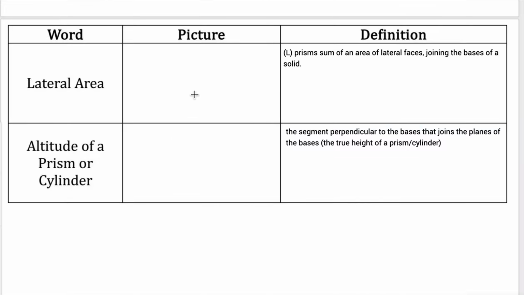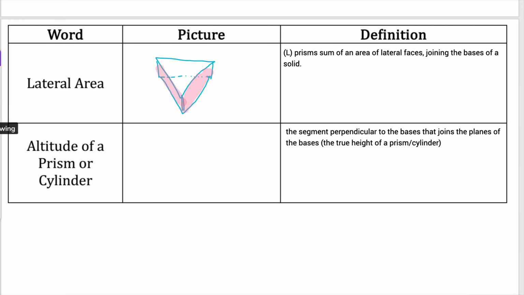So picturing, maybe we'll draw just a triangular prism here. So then you've got kind of a triangle in the back. So this is supposed to be a triangular prism, but the lateral area is going to be not the bases, but the faces that bring them together, okay?